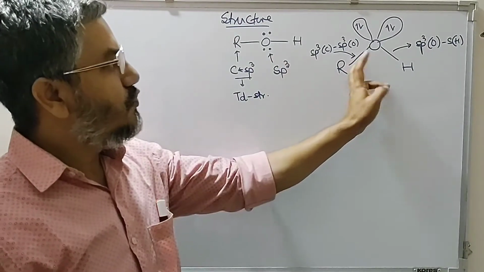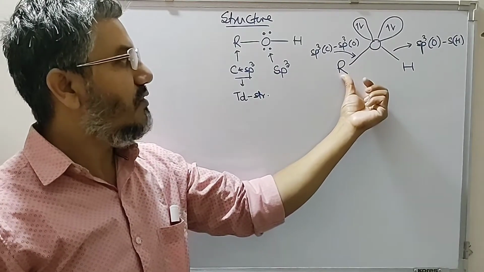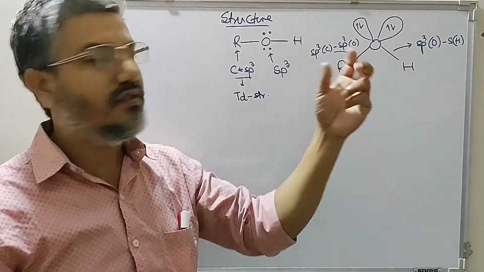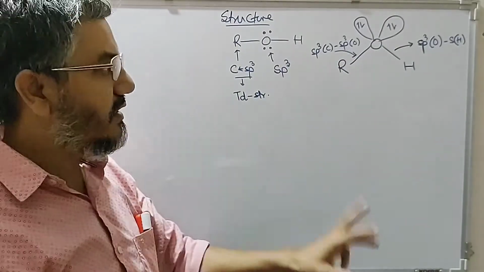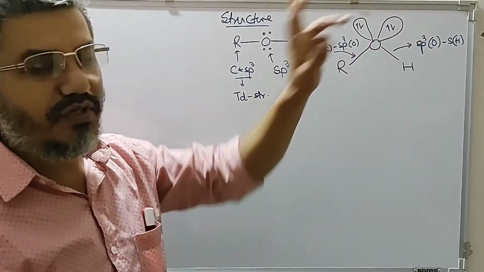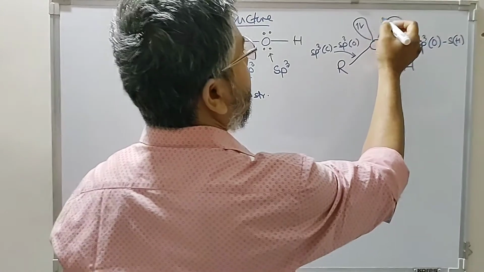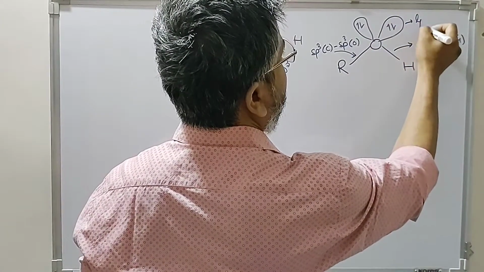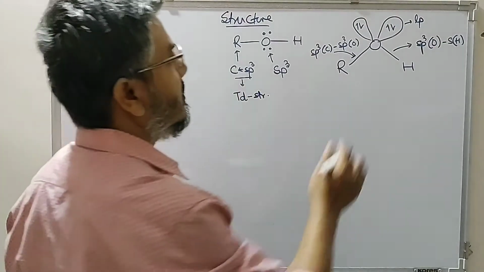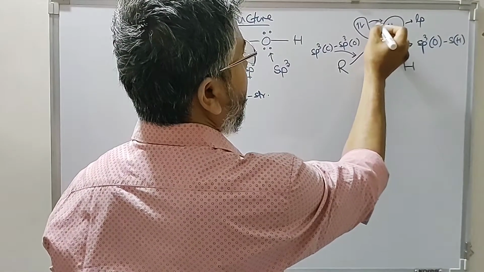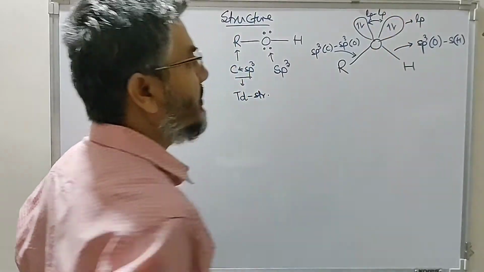After involving these two sp3 hybrid orbitals in formation of bond with carbon of alkyl group and hydrogen, oxygen is left with 2 hybrid orbitals, and each hybrid orbital occupies a pair of electrons, which is known as lone pair of electrons. So these are lone pair electrons, and look at this, these 2 lone pairs undergo lone pair repulsion.